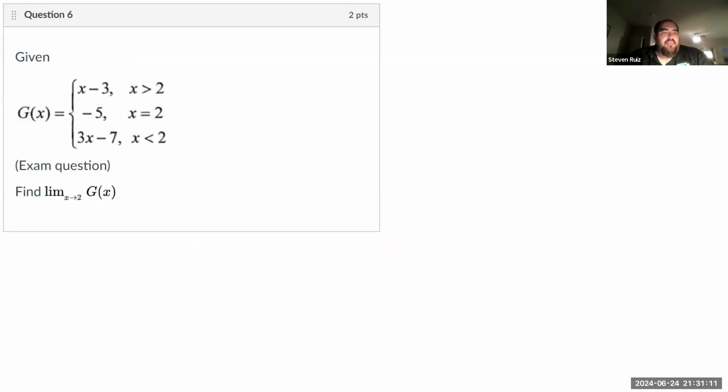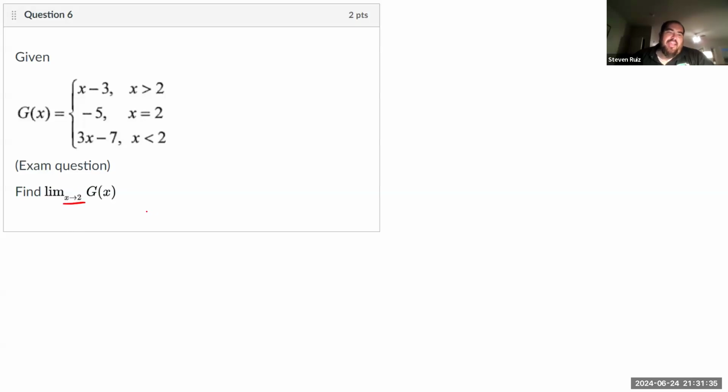So we want to find the limit as x approaches 2 of this piecewise function that has 3 different definitions. One thing I want to make really clear, and that's one of the things this question was designed to assess, is when you're talking about a limit, we don't care what's happening at this base point.